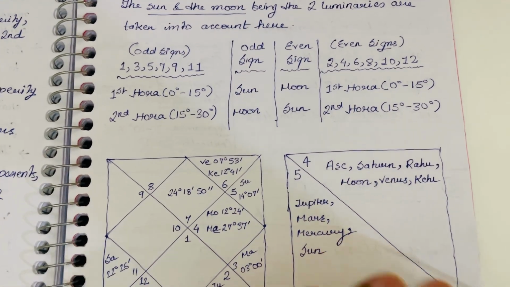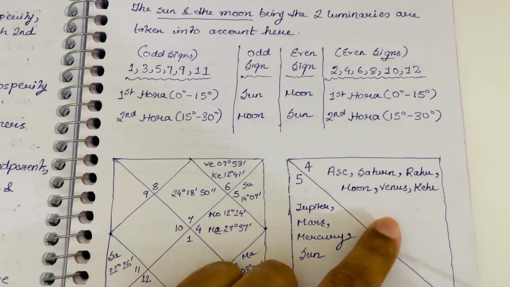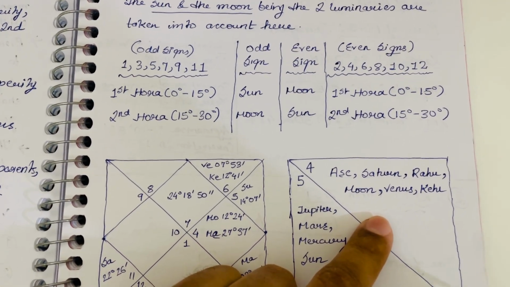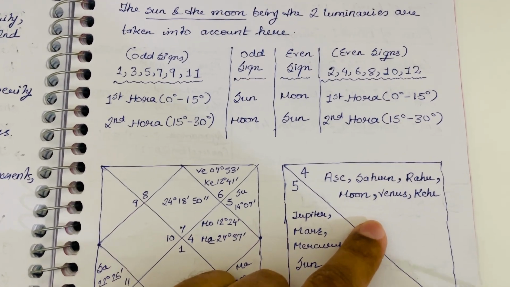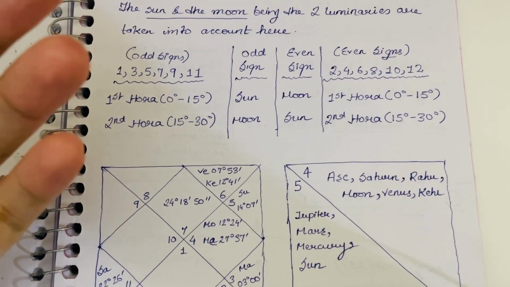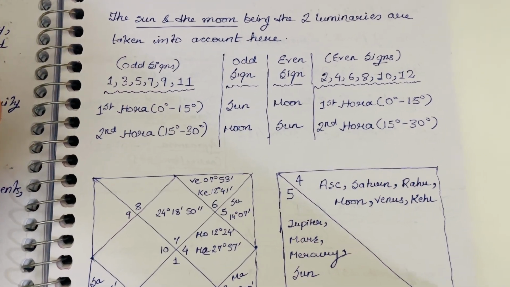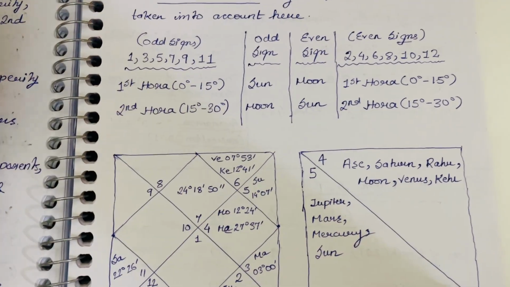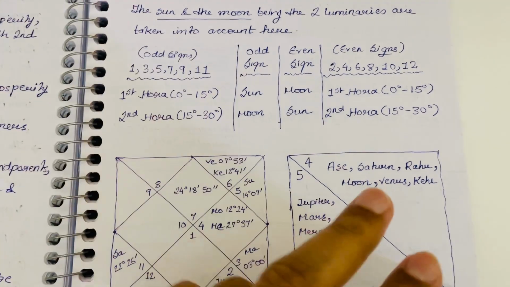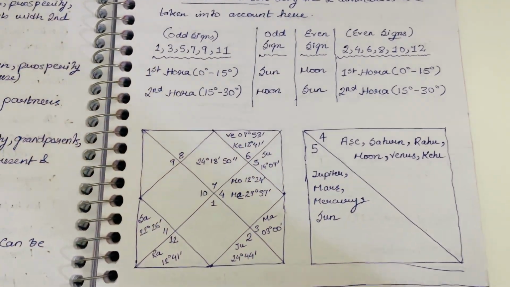The Hora chart will have only two houses, first house and the second house. The first house is ruled by the planet Moon, Cancer sign, and the second house is ruled by the planet Sun, which is the Leo sign. The first house is the sign of Cancer, the second house is the sign of Leo. There are only two houses in the Hora D2 chart. This is what you need to keep in mind.